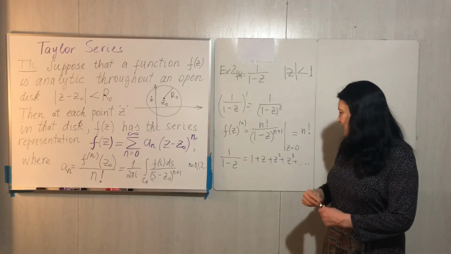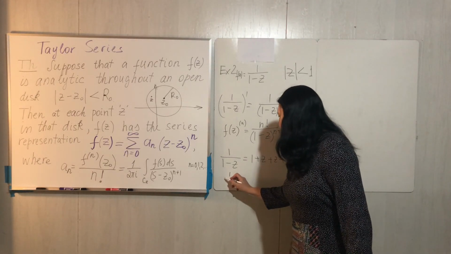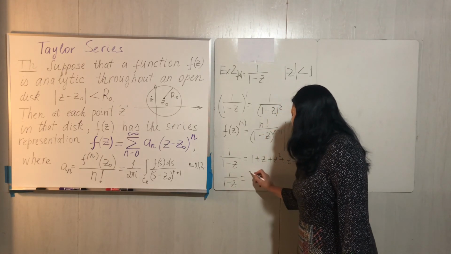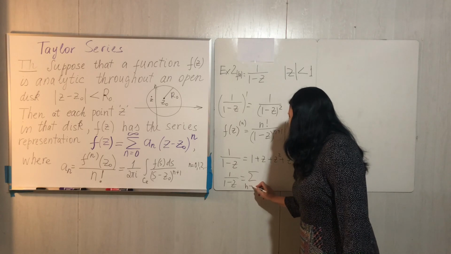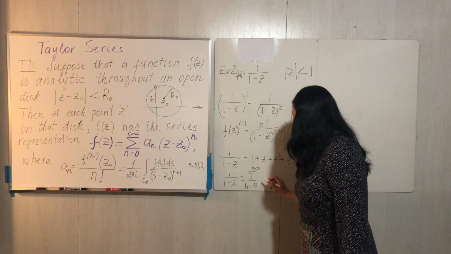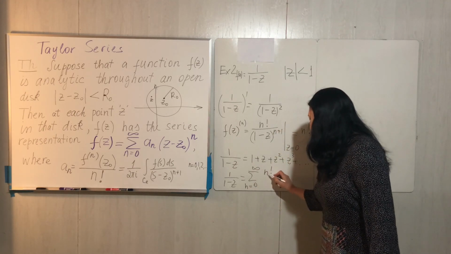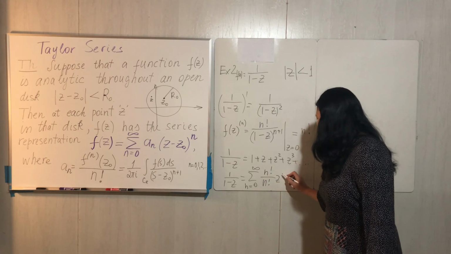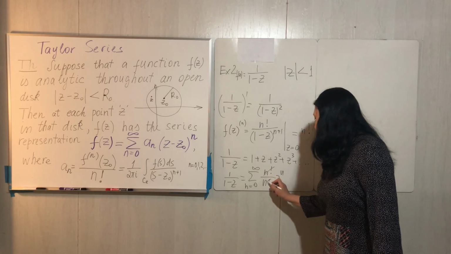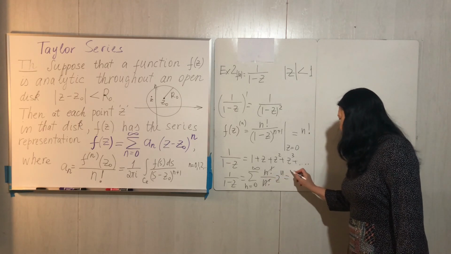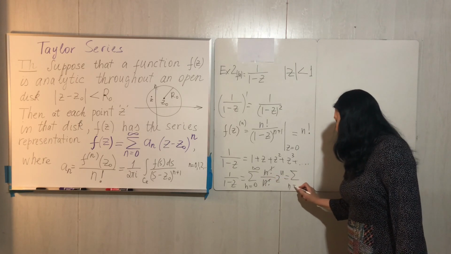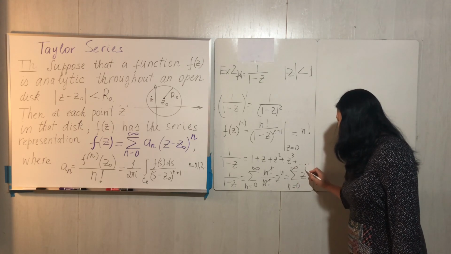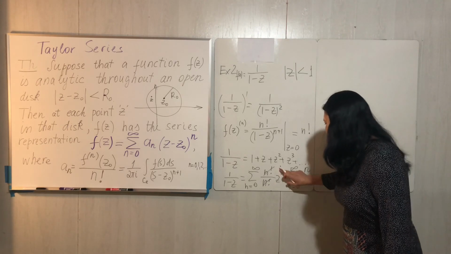Okay, so here we can write that 1 over 1 minus z equals the sum, n from 0 to infinity, of n factorial over n factorial times z to the nth, and this cancels, so we have the sum n from 0 to infinity of z to the power n.